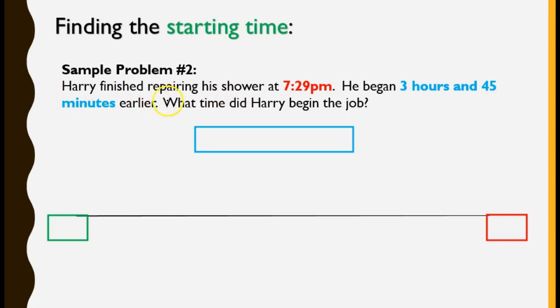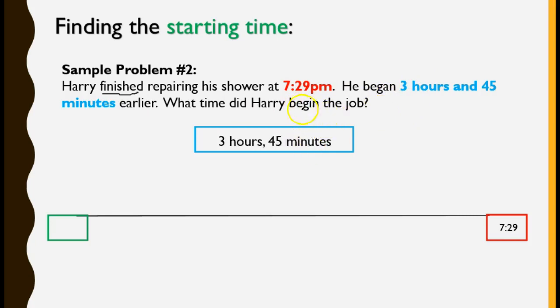Okay, so if I didn't have this all color coordinated, then I could figure that out on my own because it says Harry finished the job at 7:29 p.m. And it says he began 3 hours and 45 minutes earlier. So if it tells you how many hours, how many minutes, that's the elapsed time.